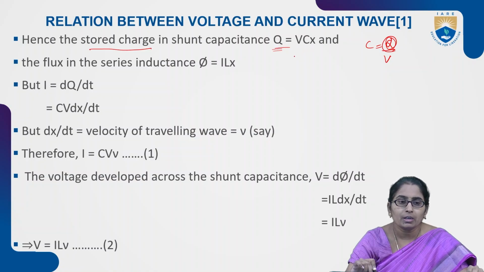We are interested in a distance of x meters, so the capacitance becomes C into x. So the charge is given by V into C into x.